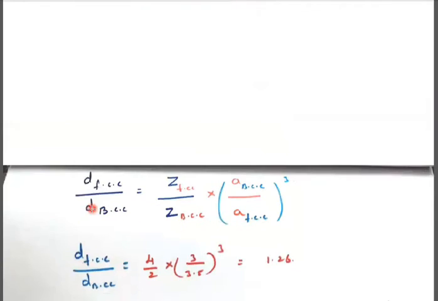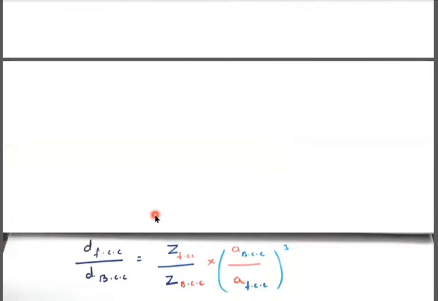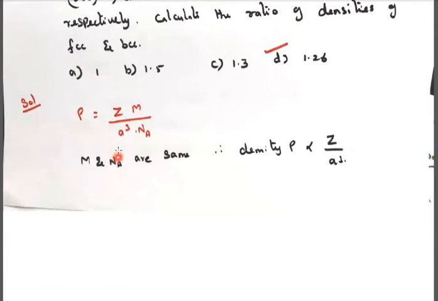So density of FCC divided by density of BCC is equal to Z FCC by Z BCC into, interchanging, a cubed, because density is directly proportional to the number of atoms in the unit cell Z but inversely proportional to a cubed.